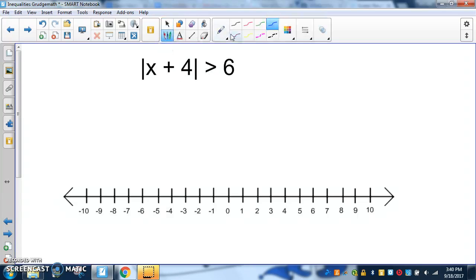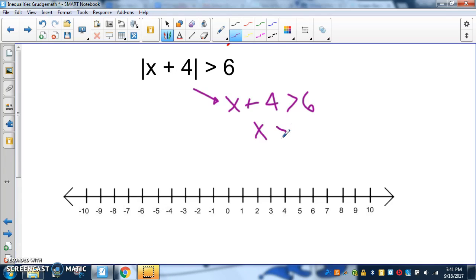Well, in this case, my absolute value is already by itself. So again, thinking about positive numbers that are going to make this work, I can go ahead and ignore the absolute value sign. I can go ahead and solve the inequality x plus 4 is greater than 6. If I do that correctly, I minus 4 from each side.